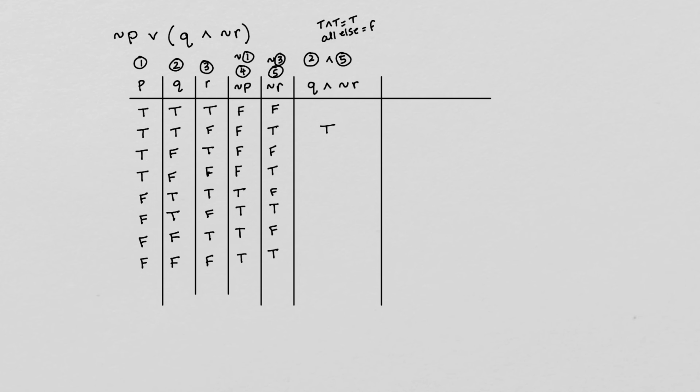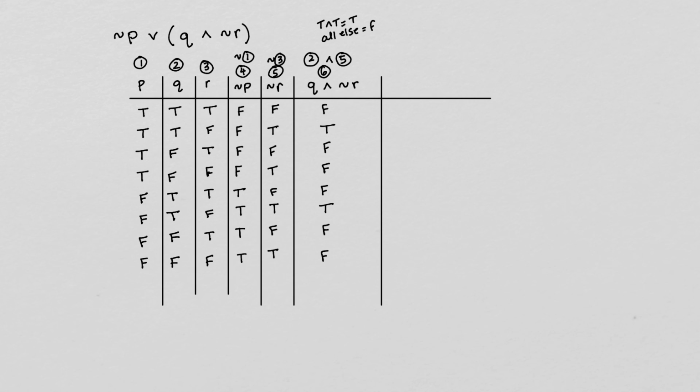And let's see, in row 6, and then the rest of the truth values have to be false. So I've got that column, and this is column 6.